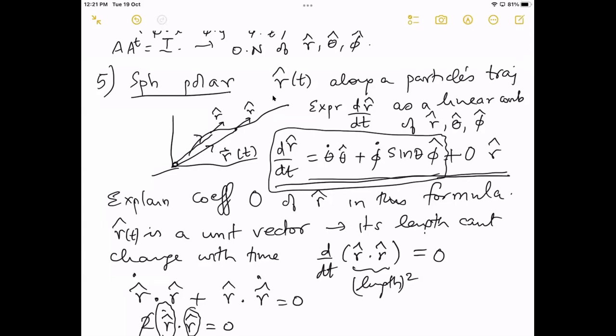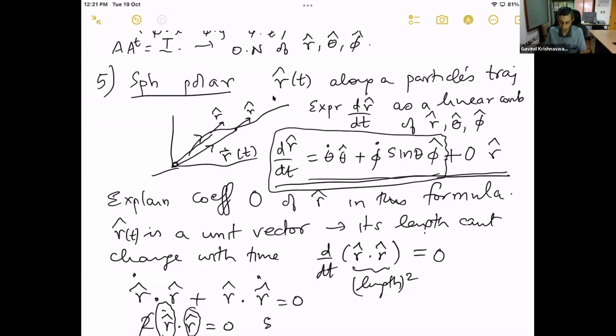Geometrically, what is it saying? It is saying that since r hat is a unit vector, the change in r hat cannot point in the direction of r hat, because if it did point in the direction of r hat, then the vector would increase or decrease in length.